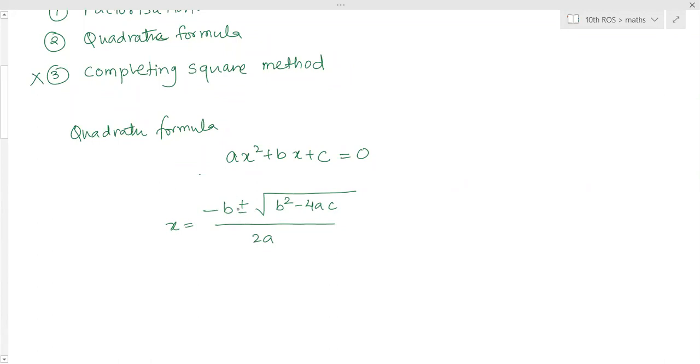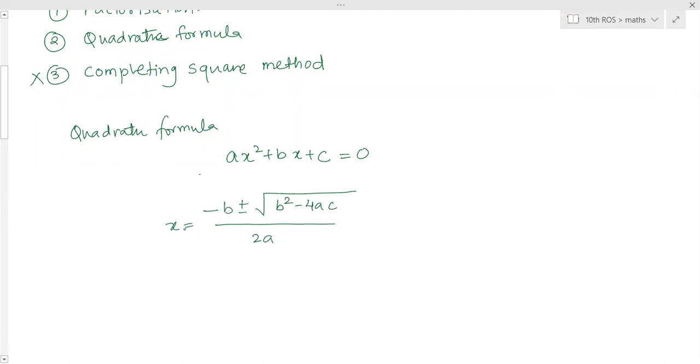There are two values of x. Between minus b and the square root, there are two signs, one plus and another minus. When we consider the plus sign, we get one value of x. When we consider the minus sign, we get the second value of x.